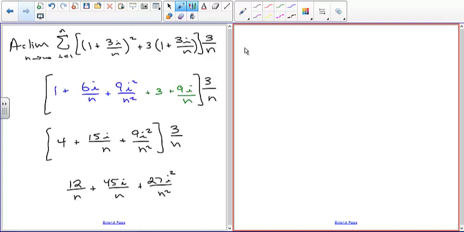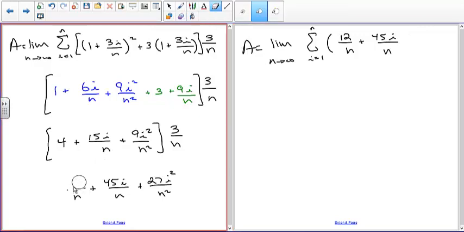Okay, so let's plug it back in now here. The area is equal to the limit as n goes to infinity of the summation from i equals 1 to n of 12 over n plus 45i over n squared. Oh, no, it's 12 over n.